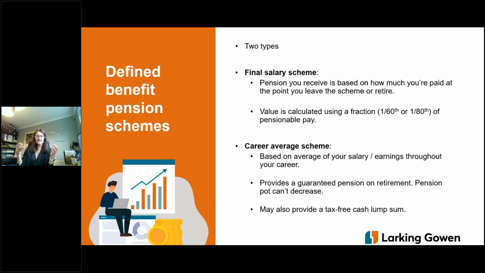Every year your salary, your pensionable profits are all added up. A dynamization factor or an inflation factor to keep it at pace with current level is added on, and you get a proportion of that as your annual pension. And obviously both schemes may or may not provide you with a tax-free cash lump sum as well.